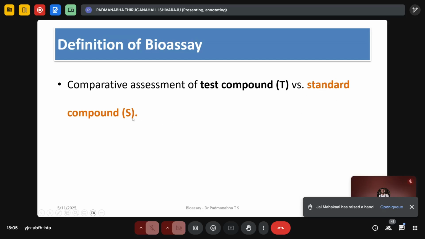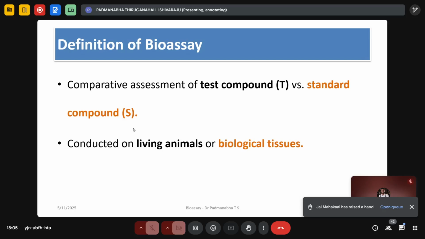We compare the test compound with the standard compound, which is already existing in the market. Basically we conduct this in living animals or biological tissues. What we are going to determine by doing this bioassay is the dose response relationship. By knowing the dose response relationship, we can compare how effective the test compound is with the standard compound which is available.